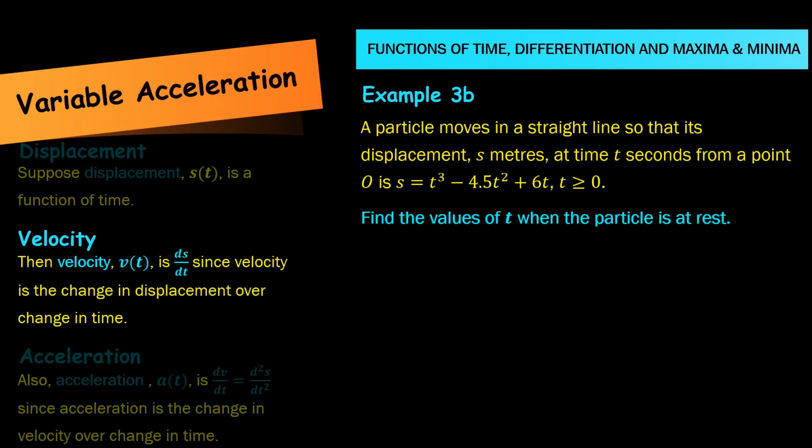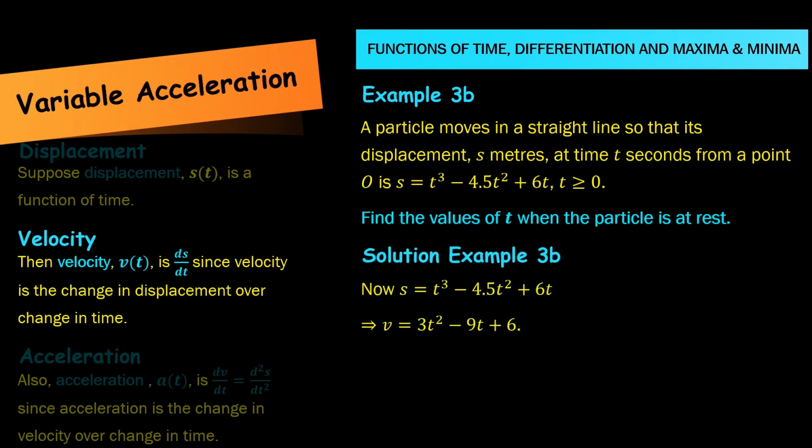Find the values of t when the particle is at rest. So let's solve this. Of course, we have the equation for s as shown. We also know that velocity, or v of t, is ds/dt, which means we need to differentiate the equation for s in order to find the equation for v.